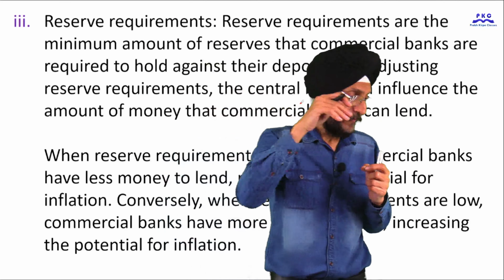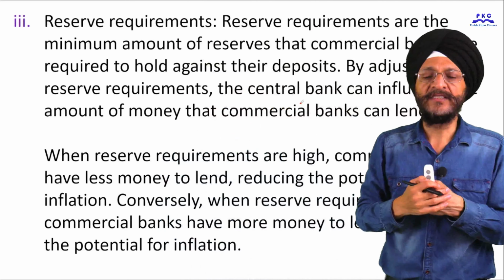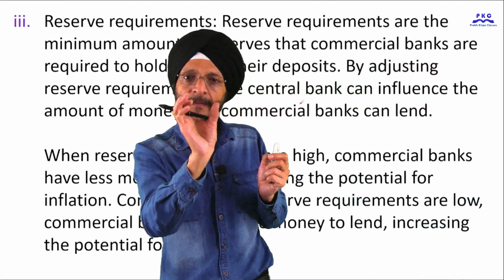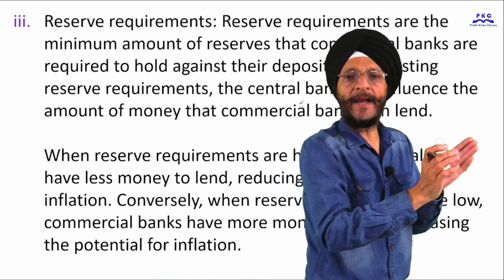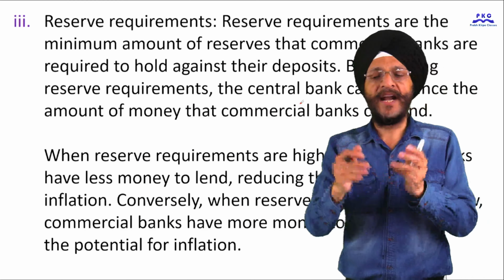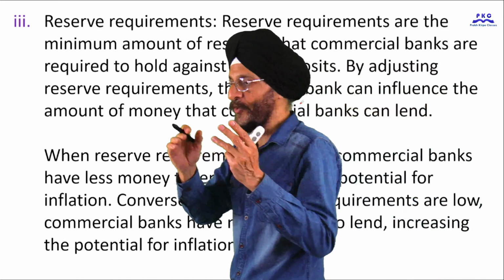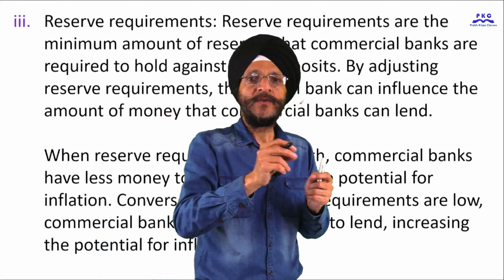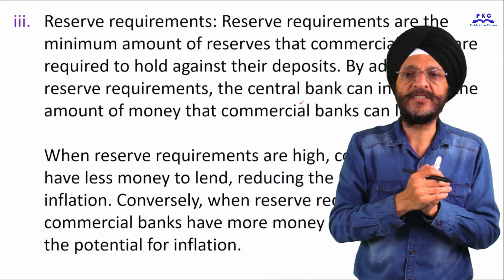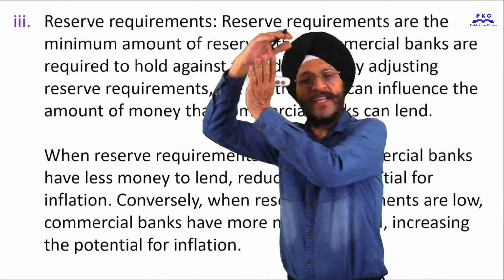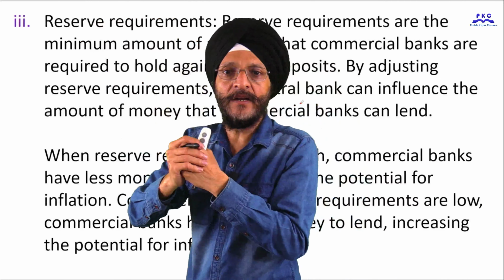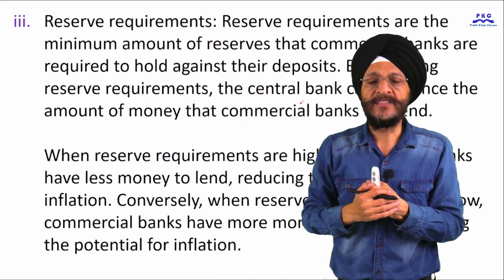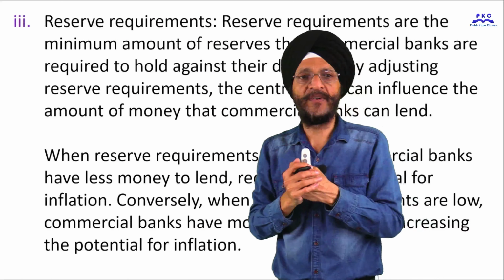In other words, the central bank of the country dictates that a certain portion of the deposits has to be kept as reserves, and these reserves can be used by these commercial banks for making the payments to the depositors, or some portion has to be deposited with the central bank so that the commercial banks can approach the central bank in case they want funds.